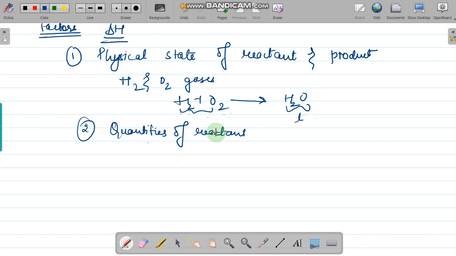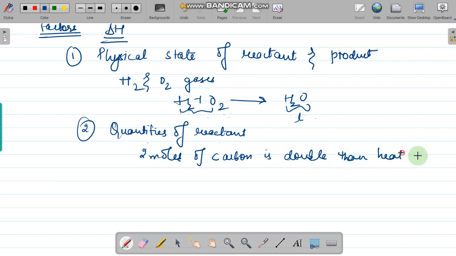For example, the heat of combustion of 2 moles of carbon is double the heat of combustion of 1 mole of carbon. If you have taken a smaller quantity, then heat of combustion will be less. If you have taken a larger quantity, then heat of combustion will be more.